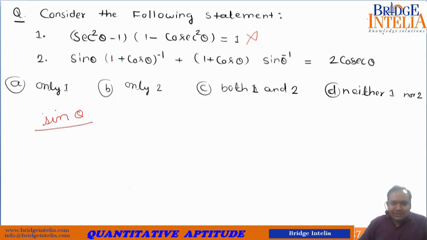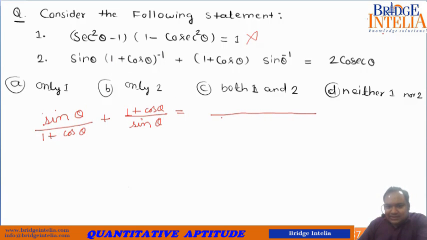So sine theta divided by 1 plus cos theta, because this is to the power minus 1, you have to take the reciprocal of it, plus 1 plus cos theta into sine theta. We have to verify whether this is actually equal to 2 cosec theta or not. So let's simplify this.